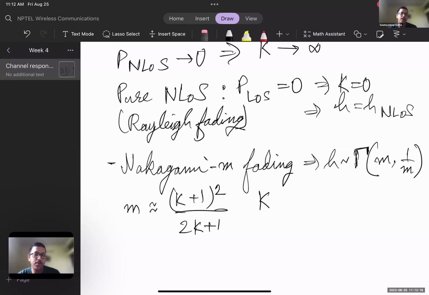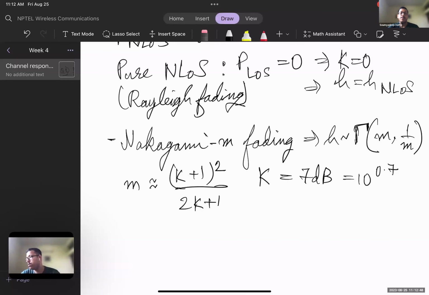Typically in 3GPP, they will give you the values of the Rician factor for a certain scenario, like an urban scenario or rural scenario, macrocellular, microcellular, whatever. So you'll have to use that. Let's say you are told this is 7 dB. 7 dB in linear scale should be 10 to the power 0.7, right?